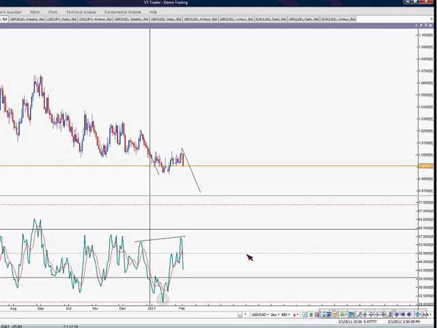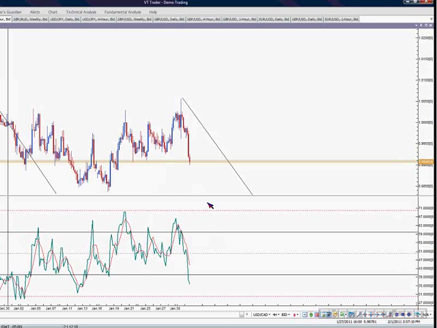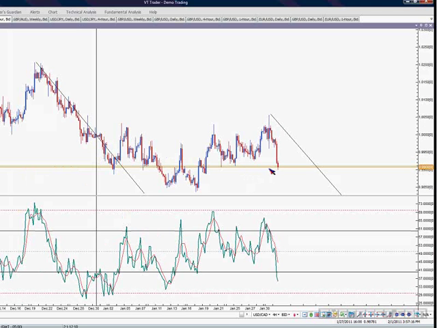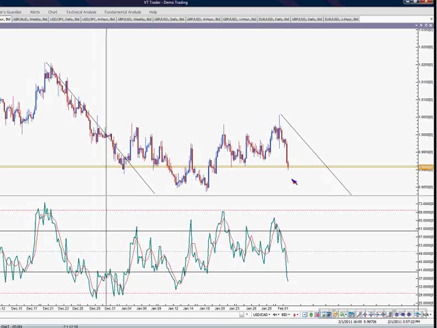4-hour time frame. So you see a very choppy pair. Again, dollar Canadian in ranging mode, not getting a lot of our trend following signals in the RSI. Although let's take a look at this one here.